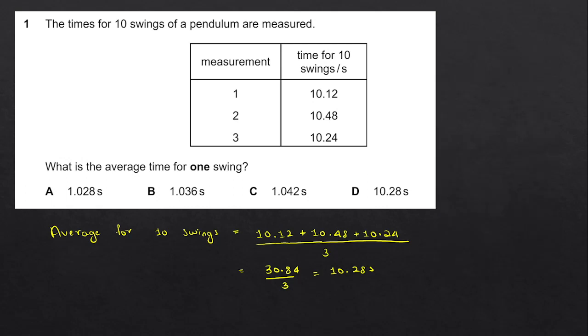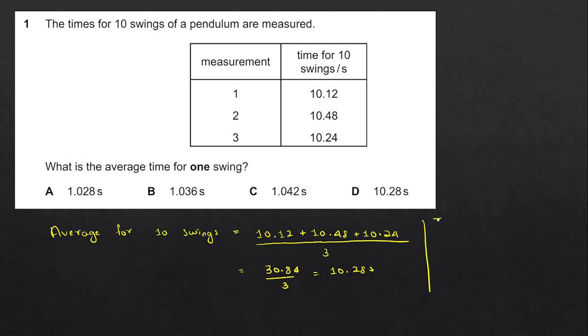Now we have to determine the time taken for one oscillation. To find the time taken for one oscillation, we have to divide the average time taken for 10 oscillations by 10. So let's write it down.